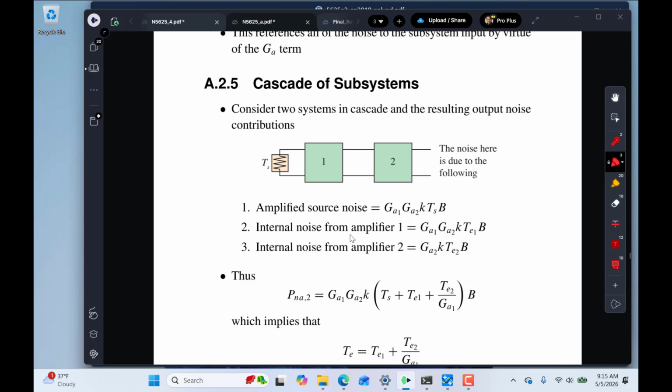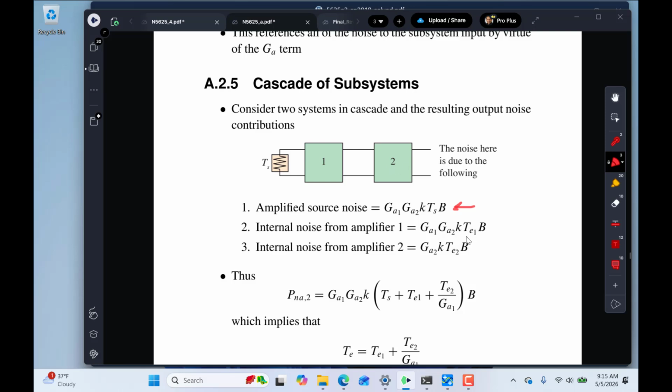So when we have, say, two elements like this, when we want to get the noise power at the output, we know that the amplified noise from the input is just going to be this. So that's step one. And then the internal noise from amplifier one comes through the output, but it's referenced always at the gain of that device producing it, and then it goes through the second stage and just picks up the gain.